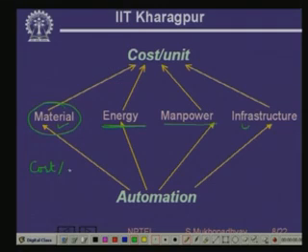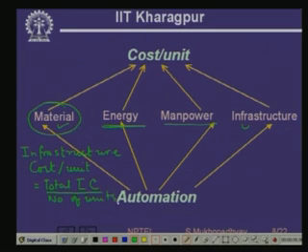So your cost per unit, that is the infrastructure cost per unit, is going to be the total infrastructure cost, IC, divided by the number of units, and since automation will enhance the number of units, remember that to install automation, the total infrastructure cost will actually go up, because you have to install more sophisticated equipment, additional automation equipment.